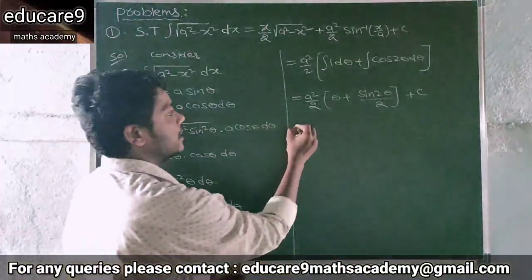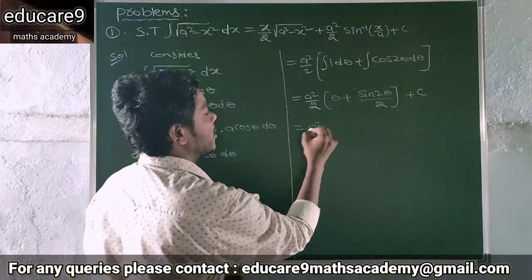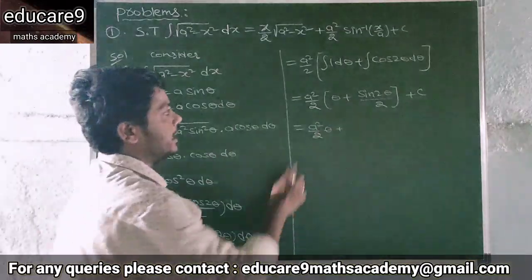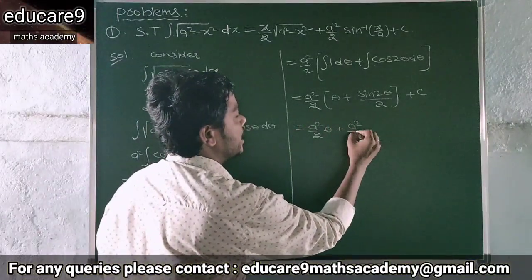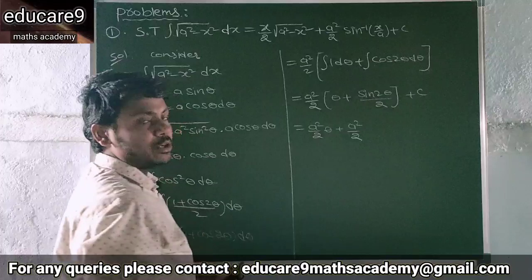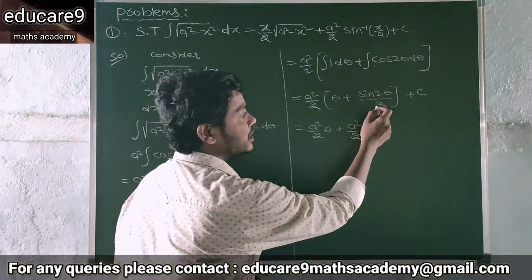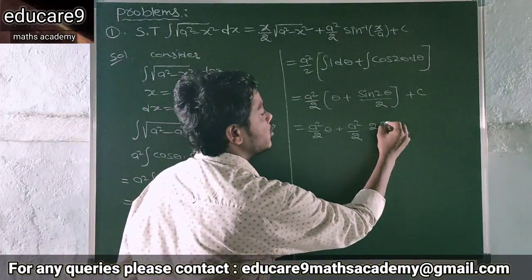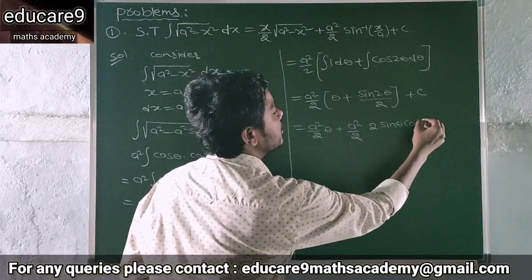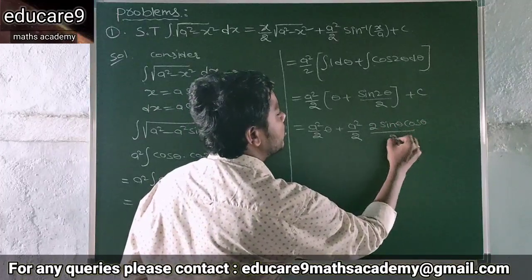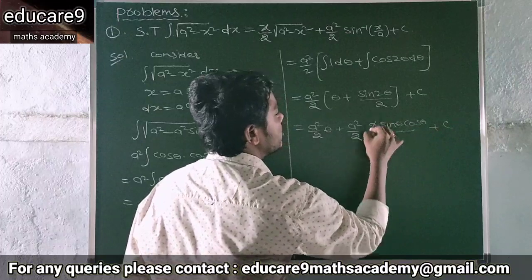Now this is a square by 2 theta and this is a square by 2 into sin 2 theta, which is 2 sin theta cos theta. So 2 sin theta cos theta, divided by 2 plus c. So 2 get cancelled.